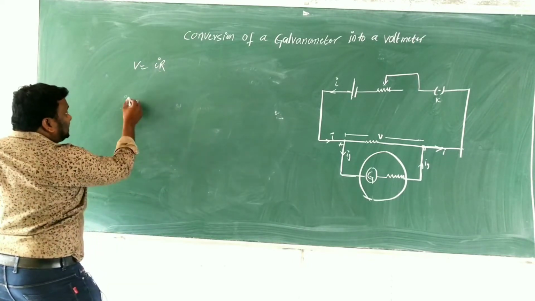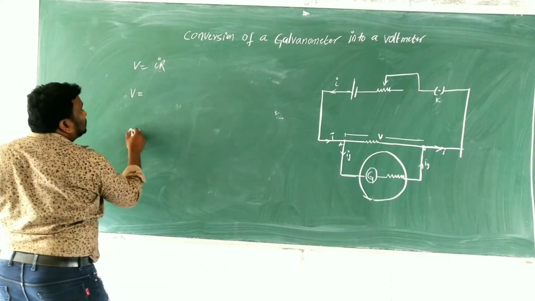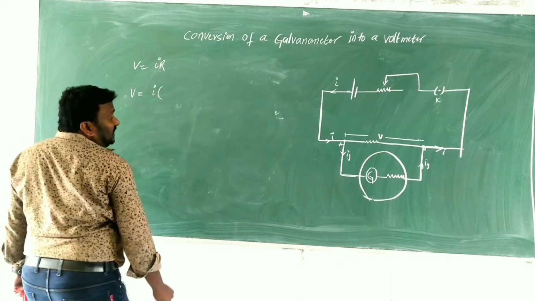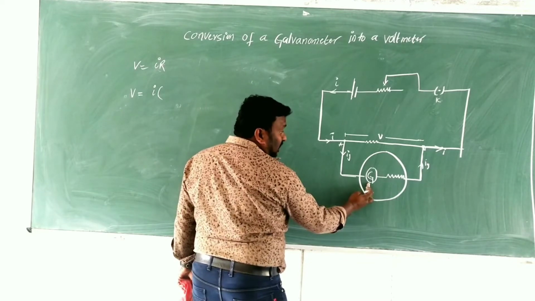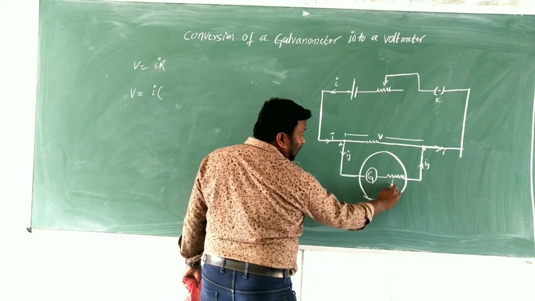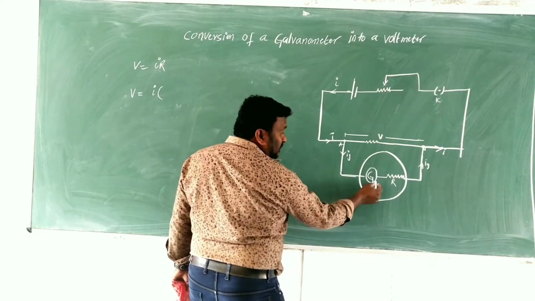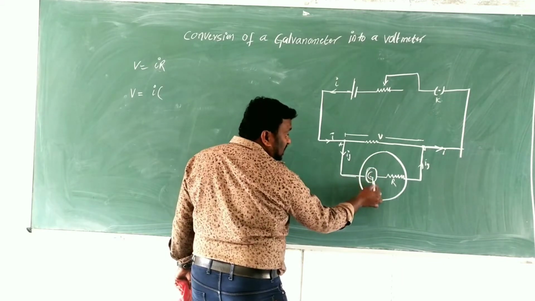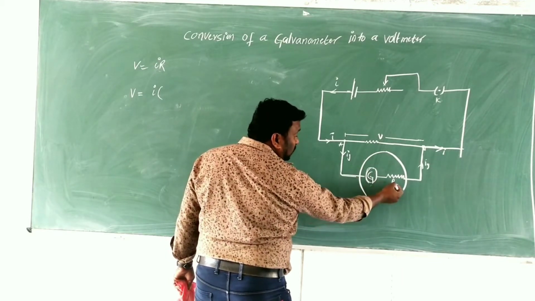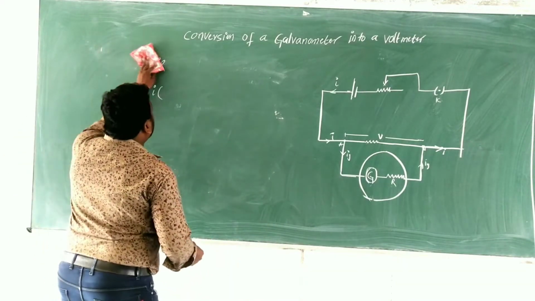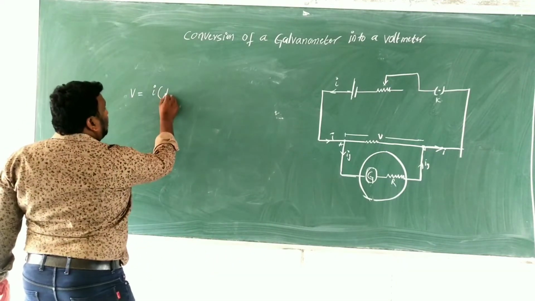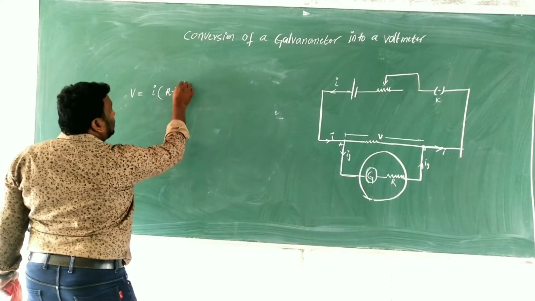So in this case we write V is equal to I into, here these are the two resistors. This is R and this is G. Galvanometer resistance is G and the other is R. How are these two connected? In series. In series combination we write here R plus G.